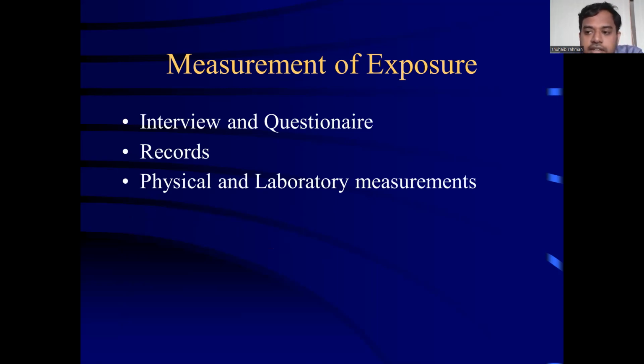Then if you are checking for height, weight, all that kind of thing, you can get the physical measurement. So it depends on the study and the exposure you are going to measure. It will be different for different studies.